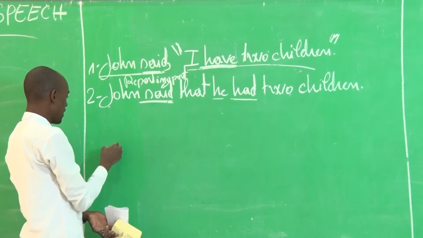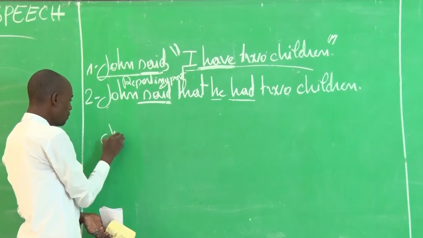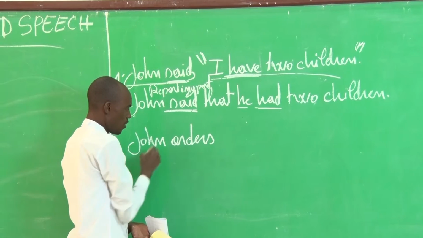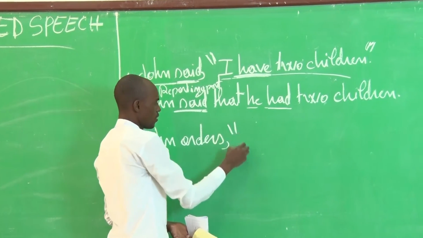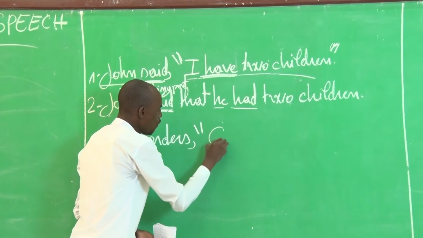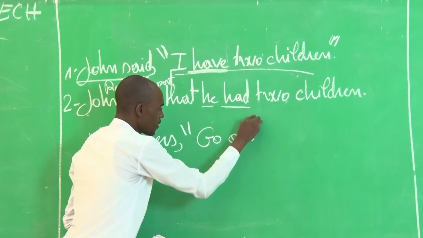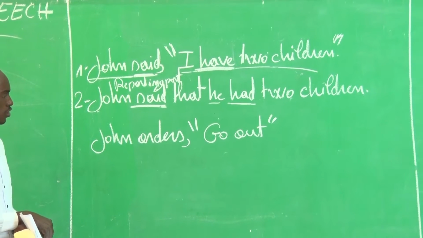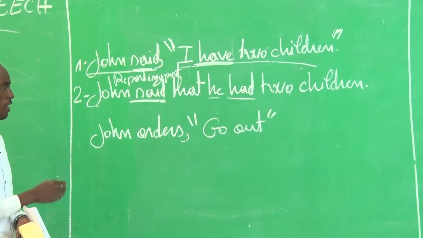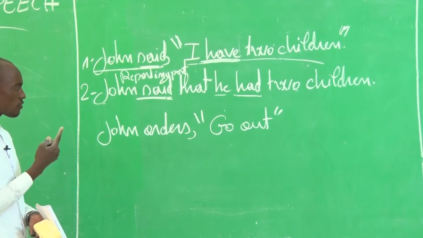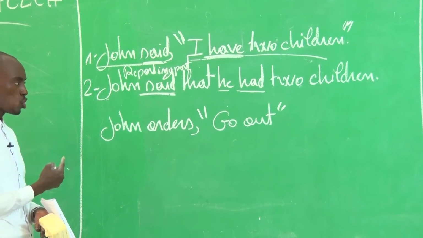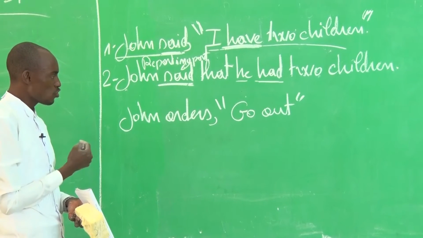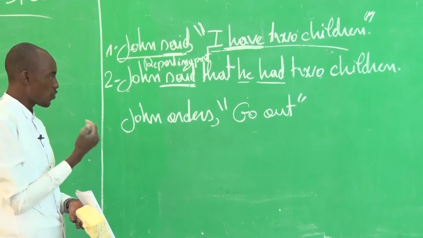We have this sentence: John orders, "Go out." This is an order. Now, how can we turn this speech into indirect speech or reported speech?